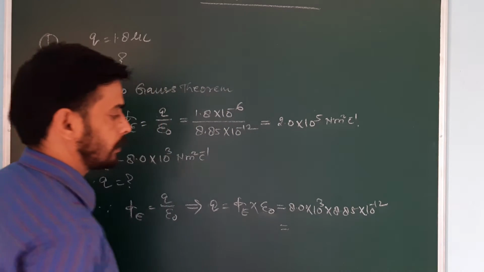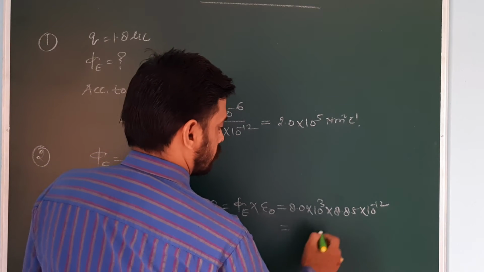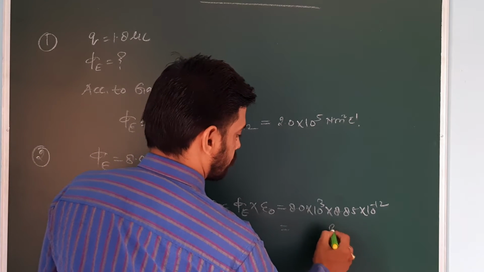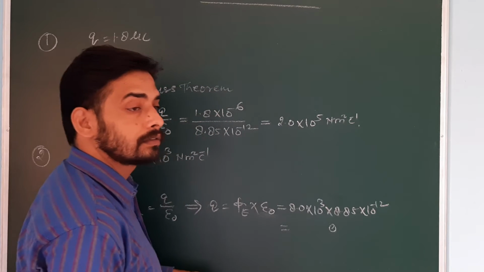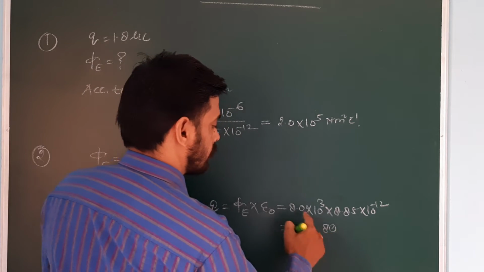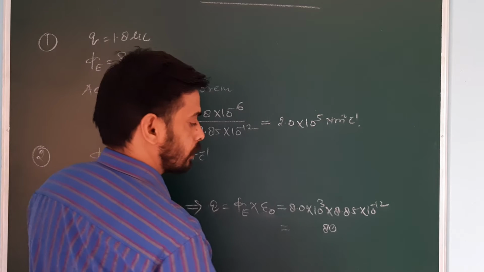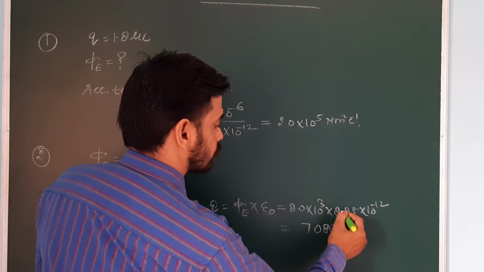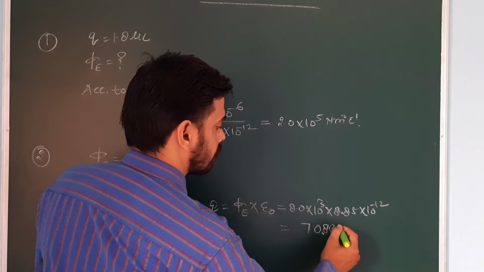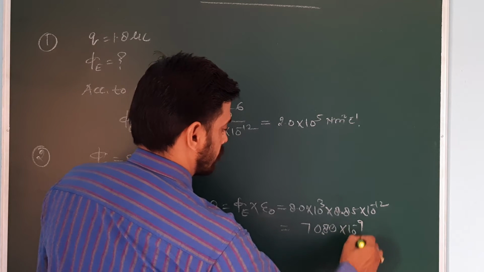Multiply this: 8 5 are 40, 8 8 are 64 and 4 is 68, 8 8 are 64 and 6 is 70, so the decimal point comes after 70.8, into 10 power minus 9.